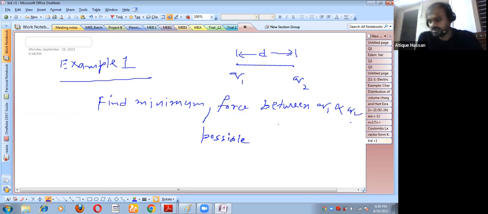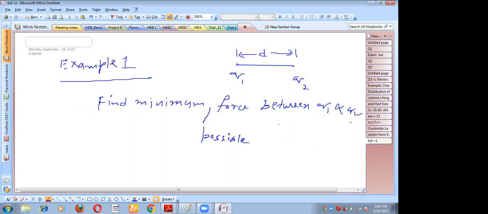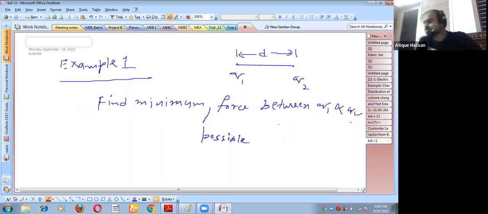You may have to differentiate, you may have to see how it could be minimum. Getting my question? Yes, sir. Two charges are given. Separation could be anything, like 2 meter, 3 meter, 4 meter. I assume it as D. So charges are variable. Q1, Q2 could be anything.